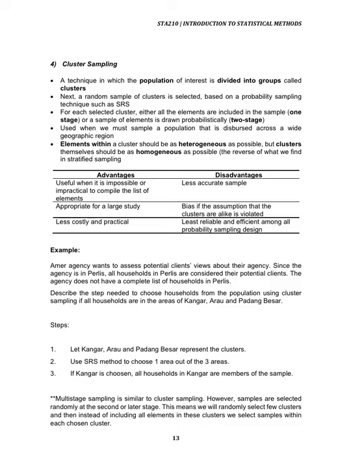Okay, element within the cluster should be heterogeneous as possible, but cluster themselves should be as homogeneous as possible. The reverse of what we find in stratified sampling. Okay, kalau stratified, kita ada Malay, Chinese, Indian.